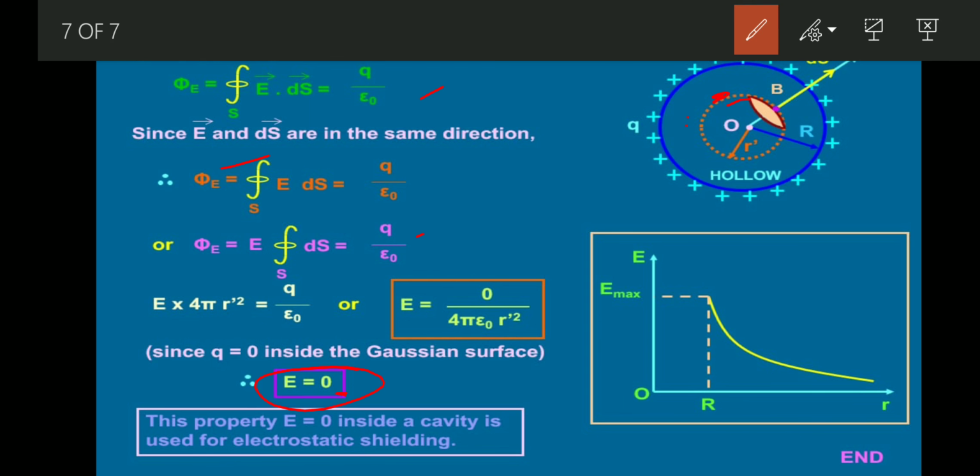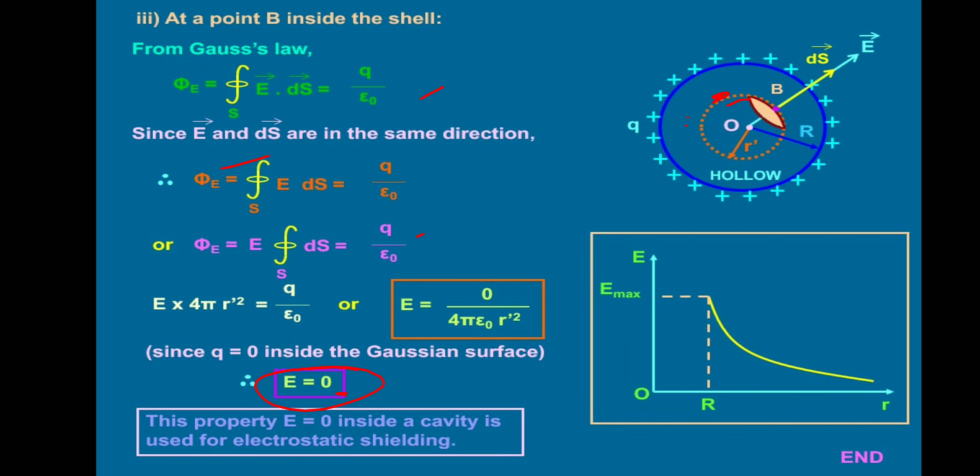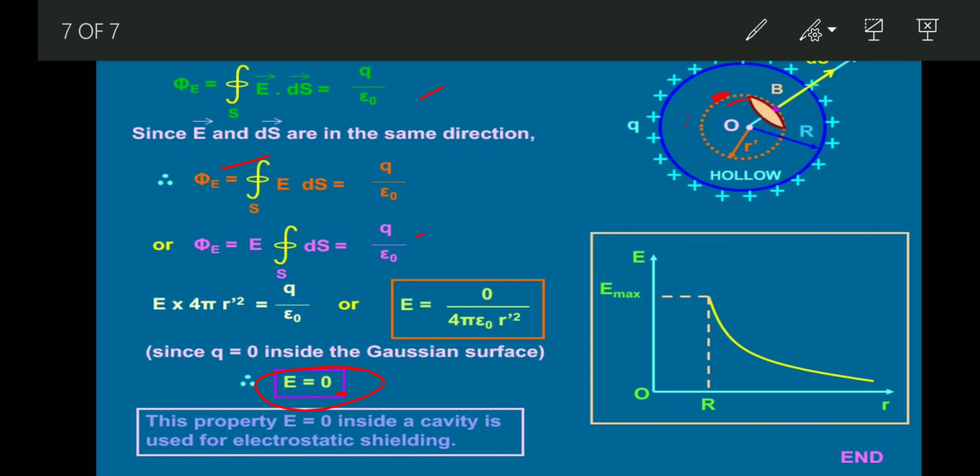Now, if we plot a graph for these three conditions for the hollow shell, we take E along the y-axis and the observation point along the x-axis. As we have seen, inside the shell, that is up to R, the electric field intensity is 0, so we get nothing there.